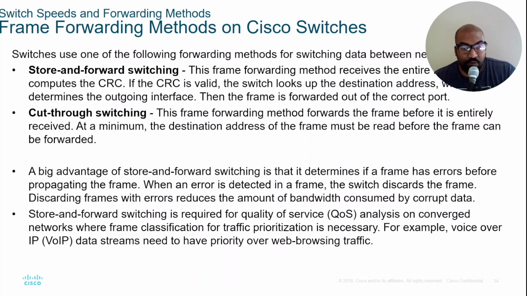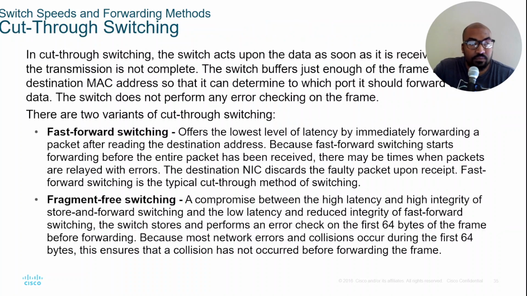A big advantage of store-and-forward switching is that it determines if the frame has errors before propagating. When an error is detected in a frame, the switch discards the frame. So that's essentially what we just saw briefly in that little tutorial. It stored the information and it forwarded it out.